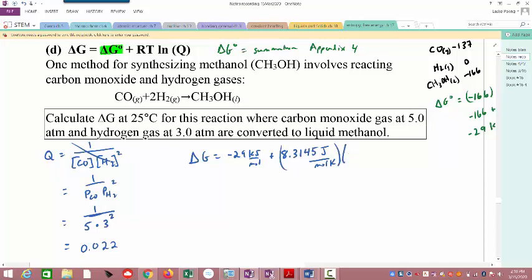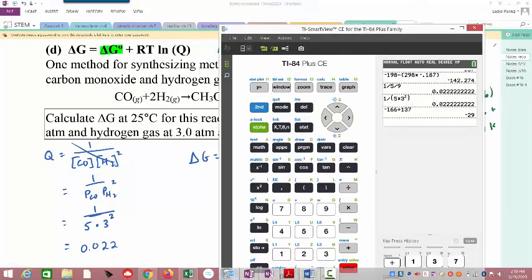Times our temperature in Kelvin times the natural log of our 0.022, and it was actually 0.02 repeating, so since I'm putting it in the calculator, I can actually use that whole thing.